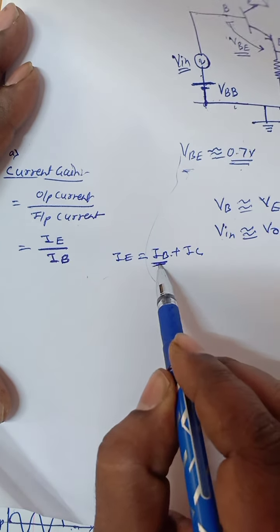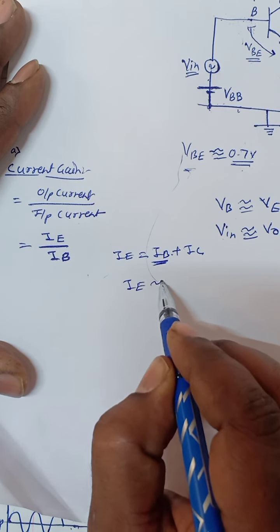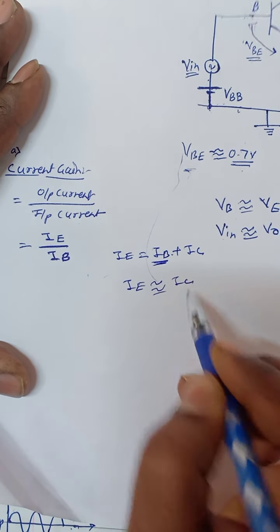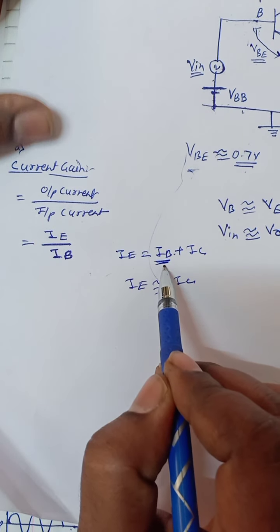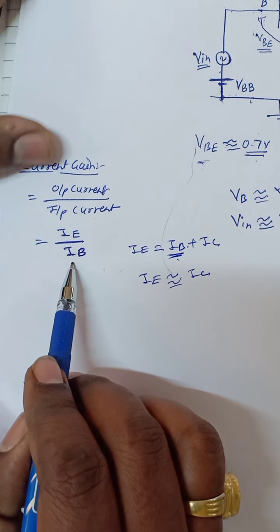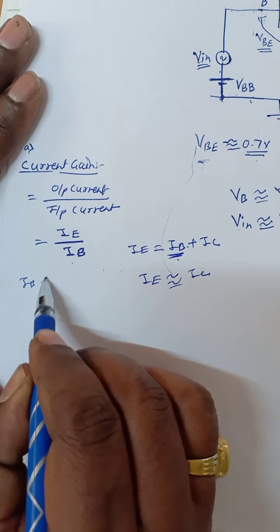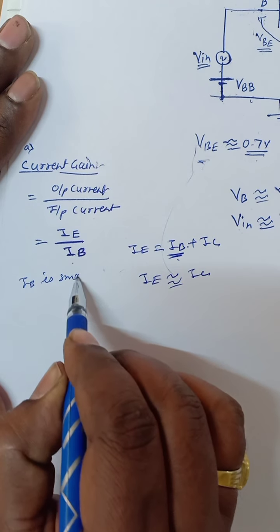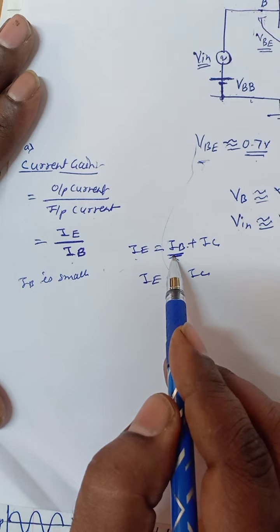Here IB is very small, so we can say that IE is approximately equal to IC. IB is small compared to IE, because we consider it a negligible current.